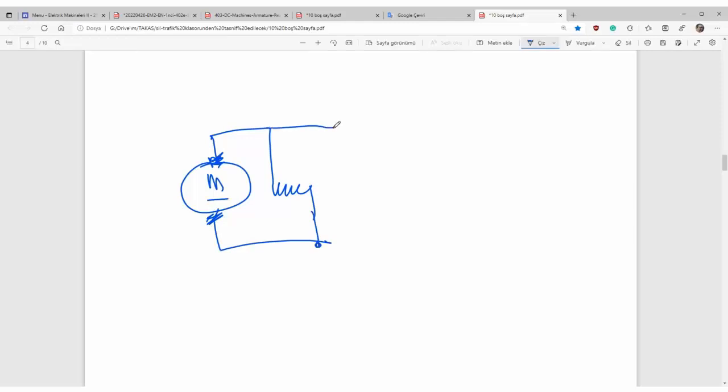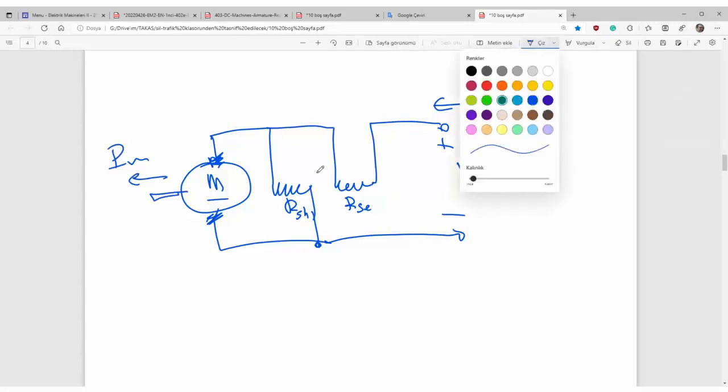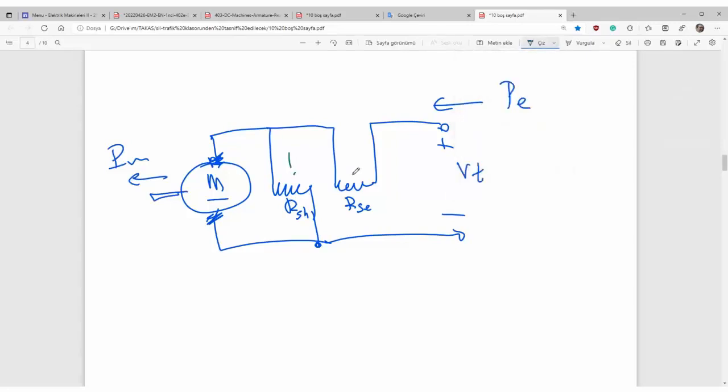Here's a serial connected field, let's say shunt serial field coil, and then here's the terminal voltage, plus and minus. You apply electric power, you convert it into mechanical power. But Houston, as you see, here are new parameters. Loop equations will be changed.